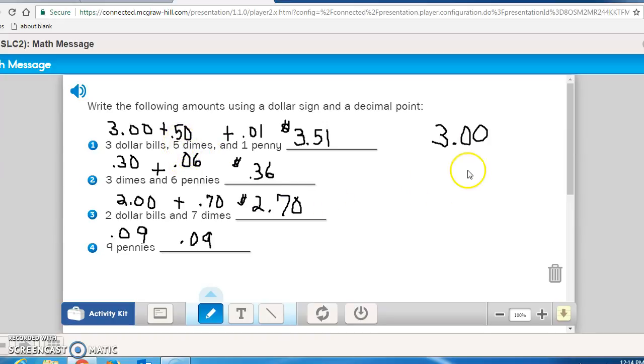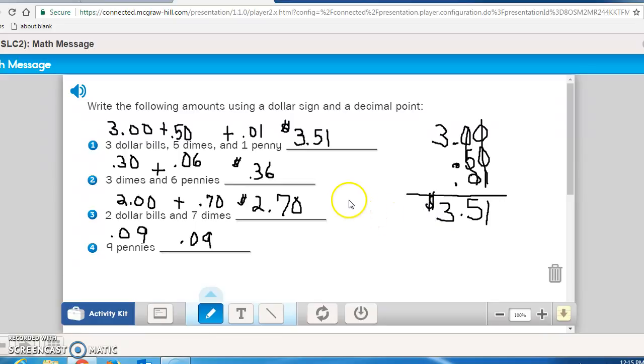Then when I added the 50 cents, I would put .50, and then I would have put .01. Look at how accurately and precisely I'm lining those up so that when I add them, 0 plus 0 plus 1 is 1. 0 plus 5 plus 0 is 5. Look at, I'm bringing my decimal point down to make sure it's in the right spot. And then 3 plus nothing is 3. That's how I make sure I add my decimals.